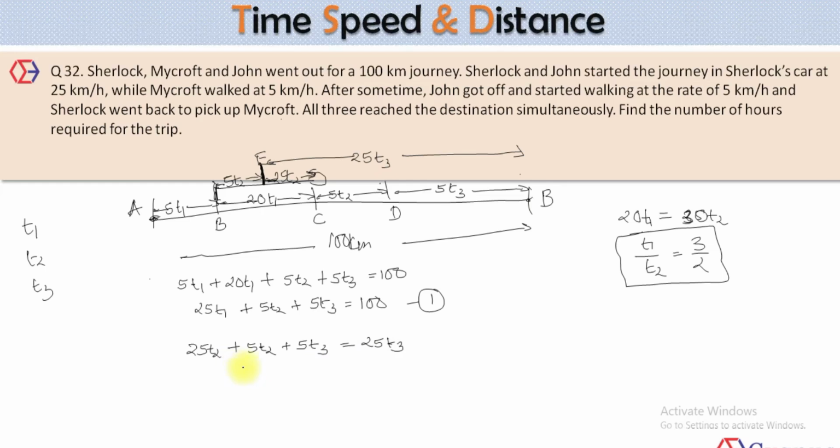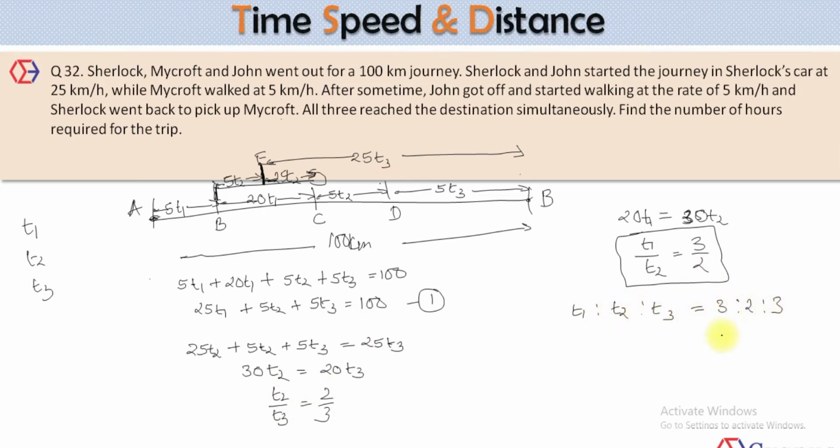So after solving this, what you'll get? 30 T2 is equal to 20 T3. Yes or no? 5T goes on that side. So T2 by T3 becomes 2 by 3. And we know that T1 by T2 was what? 3 by 2. So can we say T1 is to T2 is to T3 is equal to 3 is to 2 is to 3.